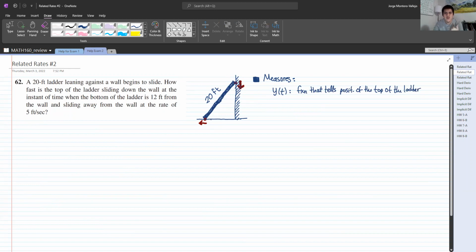Another one is going to be the position of the bottom of the ladder, right? Let's call that x of t because of its horizontal position. x of t, function for position of bottom of the ladder.